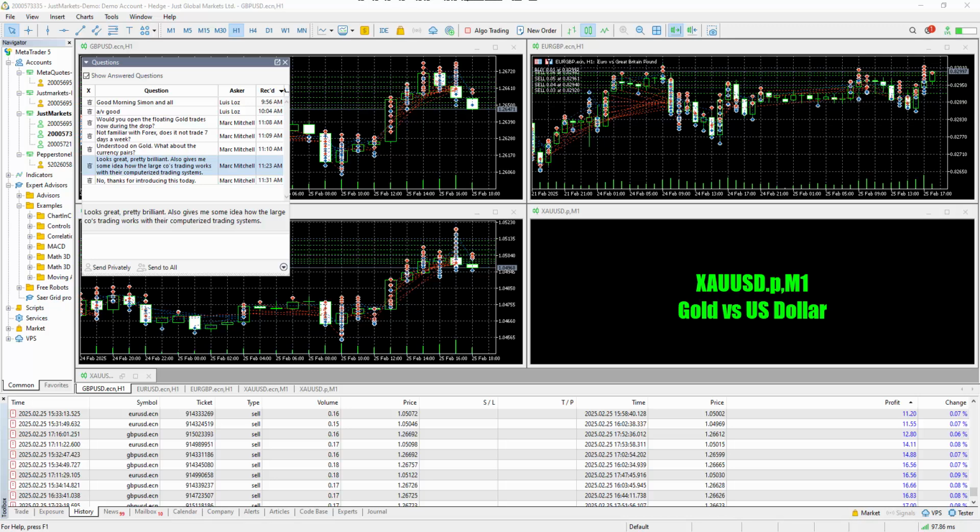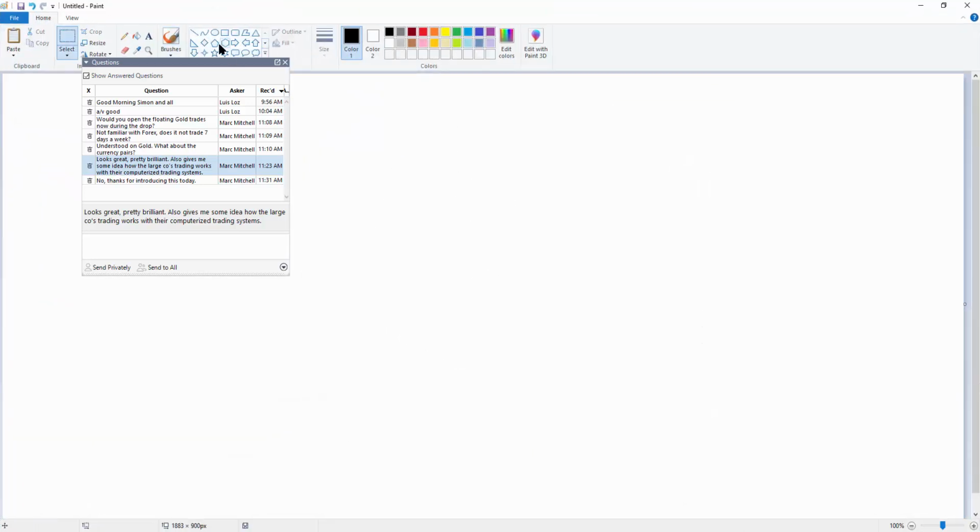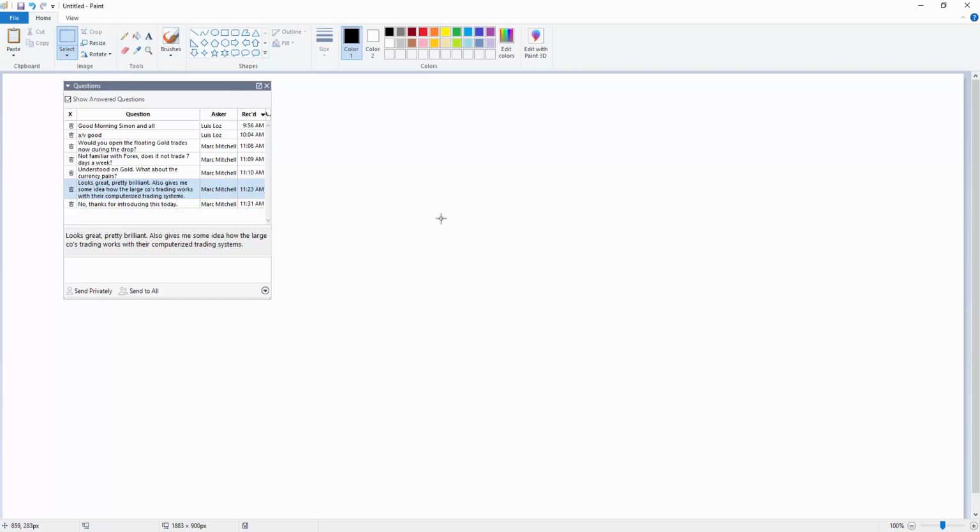The system here is designed to start with 0.1 lot. So it will go 0.1, then 0.15. These are lots, very micro lots. And it's going to add until you get to 1 lot.